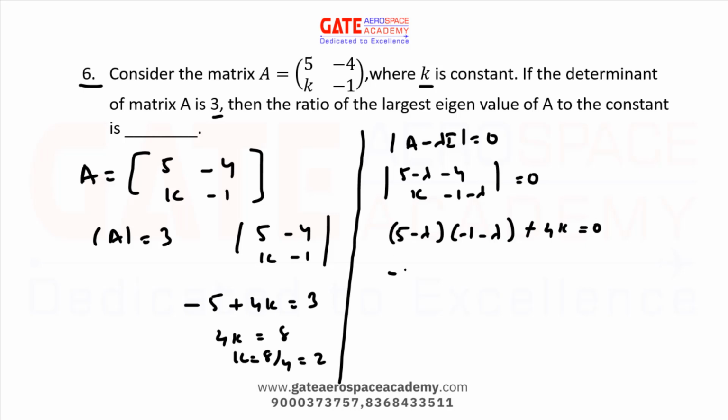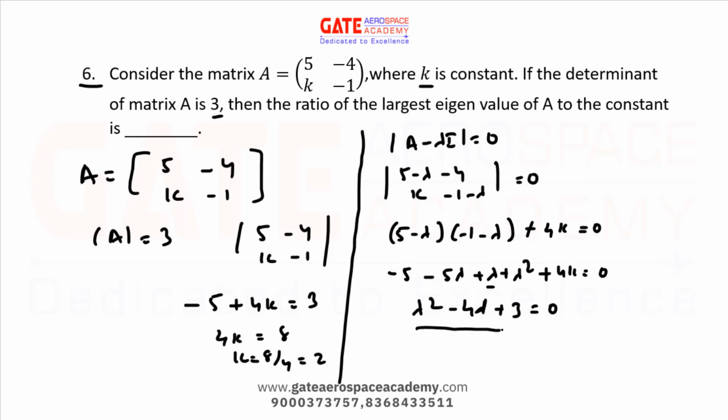So this is minus 5 lambda plus lambda square plus 4k equal to 0. Now we have lambda square and lambda minus 5 lambda. This is minus 4 lambda, and if you substitute 2 in the place of k, this is 8 minus 5, which is equal to 3, equal to 0.